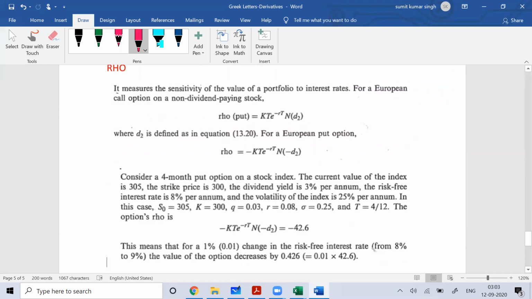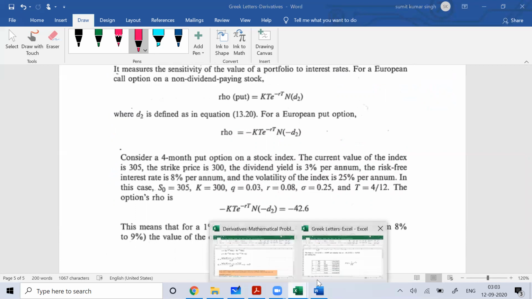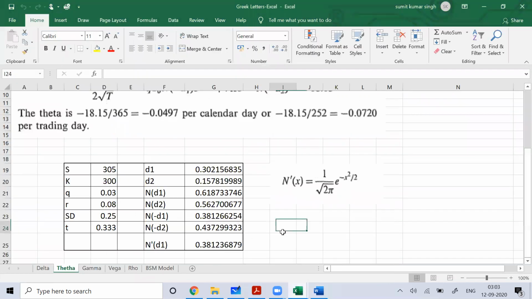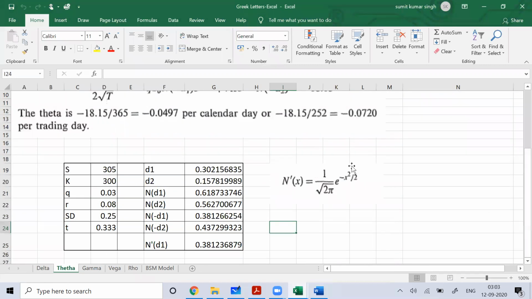Rho measures the change in the interest rate, and how that change ultimately affects the premium of the option contract. That is called rho. I have done an Excel calculation for all that. I don't think you will be interested in all this. In MS Excel, I have done all these calculations with an example.